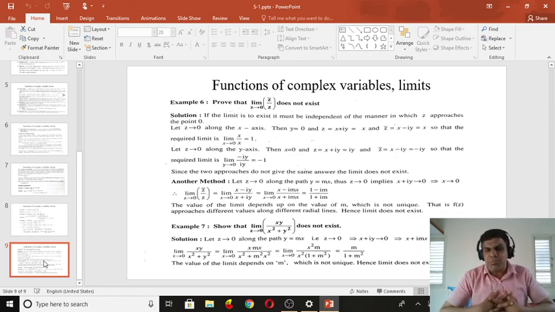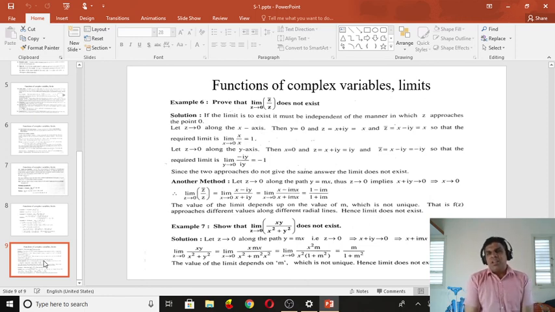Another way we can express the same limit: let z tend to 0 along the path y equal to mx. Thus z tends to 0 implies x plus iy tends to 0, so x tends to 0. Now the limit as z tends to 0 of z conjugate divided by z is the limit as x tends to 0 of (x minus iy) divided by (x plus iy).